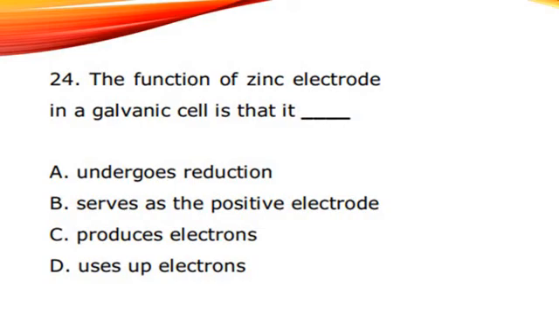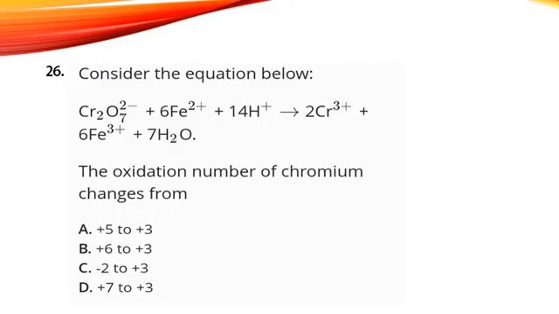Then the next question is question 25, which says consider the equation below. We have this equation showing dichromate, Cr2O7 2-, with hydrogen ions giving chromium cation, Cr3+, plus water.